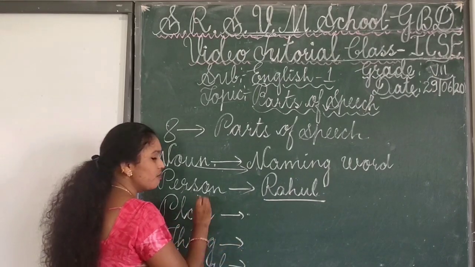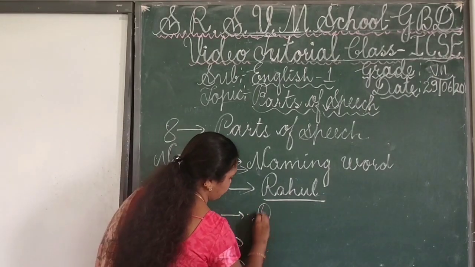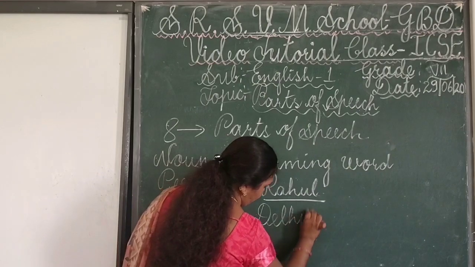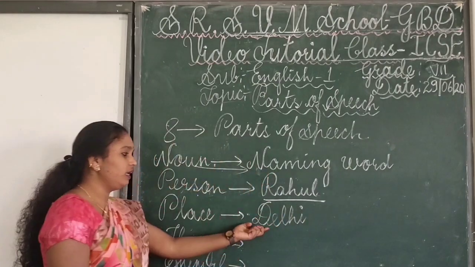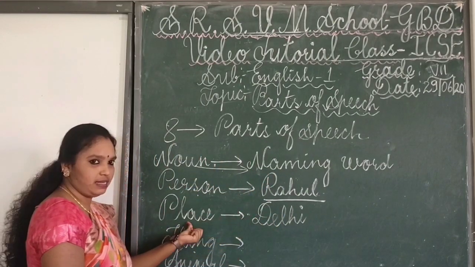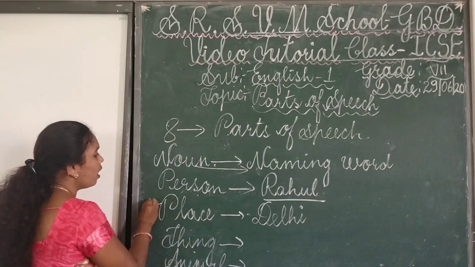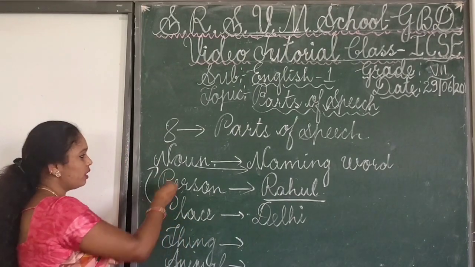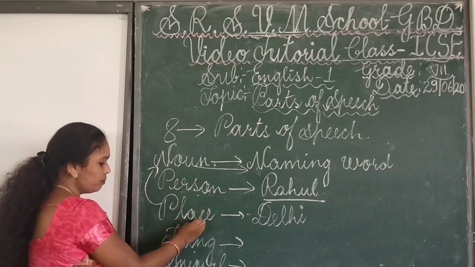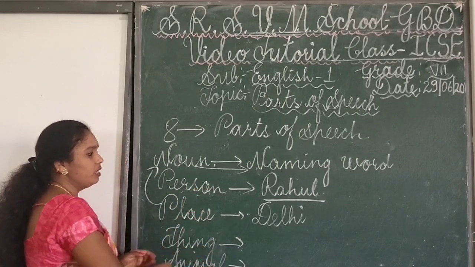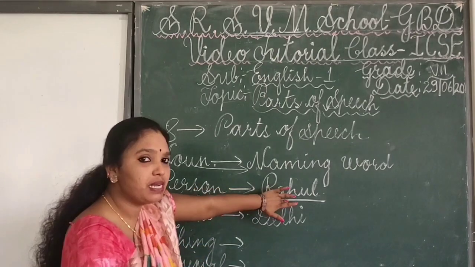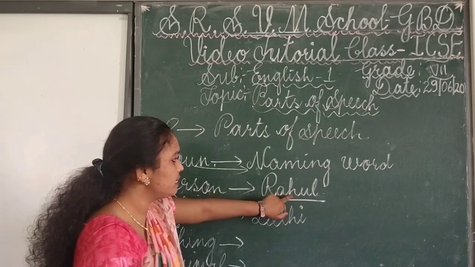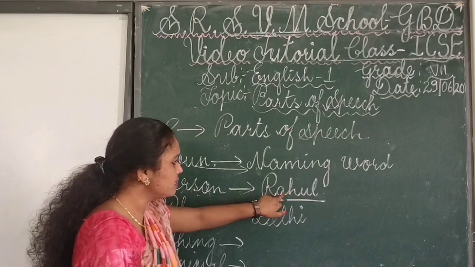For example, if I say Delhi, it comes under place. Then this is again a noun. A noun represents a person, place, thing, or an animal. For person, I have given the example Rahul because he is a human being. He has life.